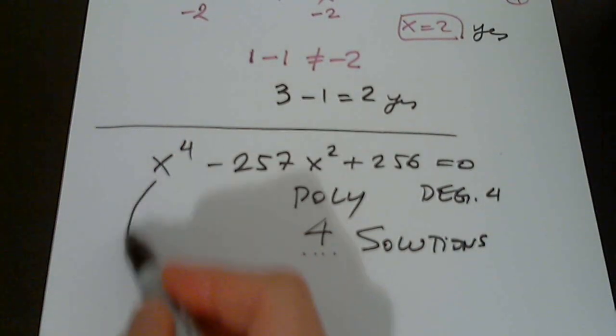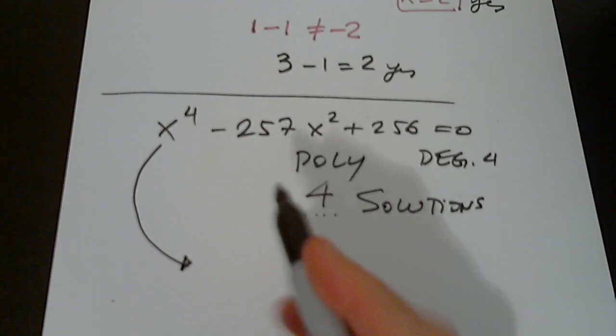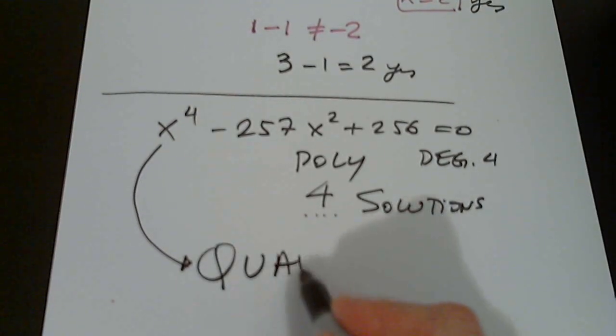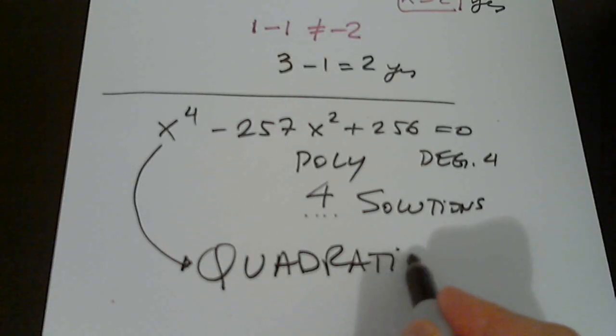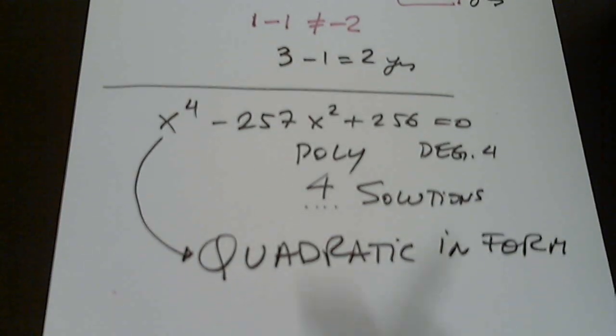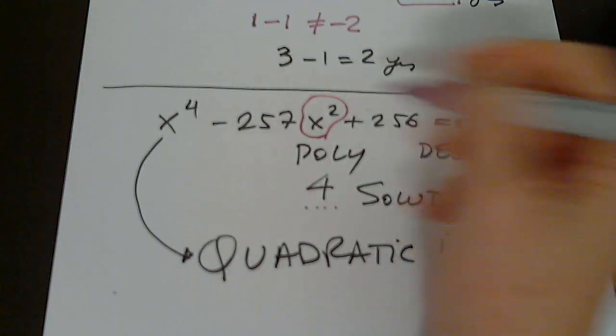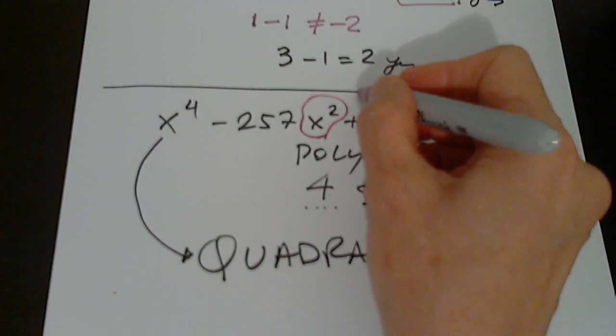Now, this polynomial is something called quadratic in form. And you can say, what on earth is this? And how do you know? Here's how I know. I denote x squared by t.